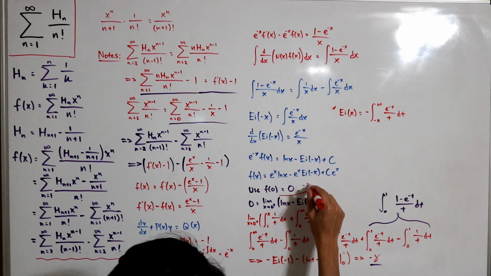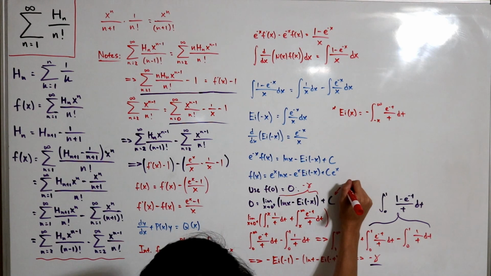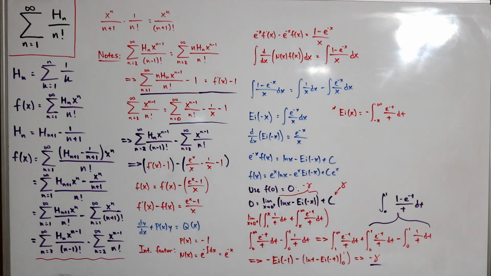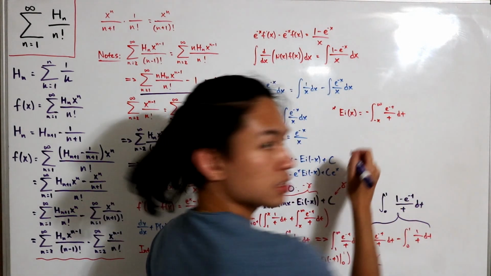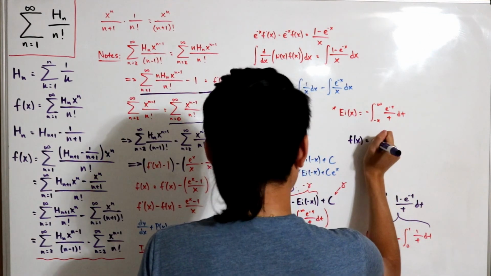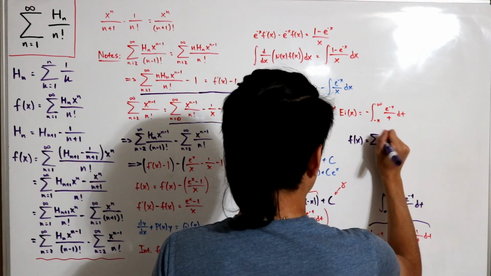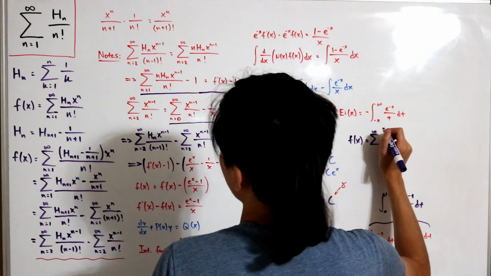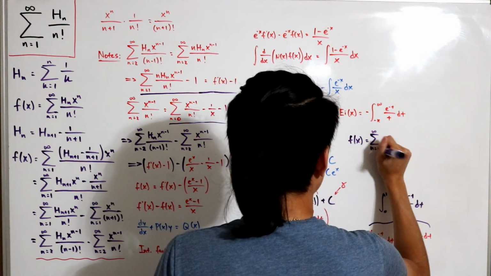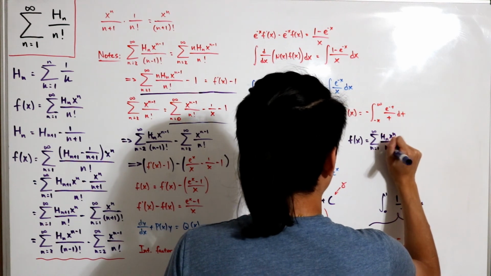So this is going to equal negative gamma, and therefore that means our constant c has to equal gamma. So the following generalization is that f of x is actually equal to, I'll restate, the infinite sum from n equals 1 of h sub n, x to the power n, divided by n factorial.